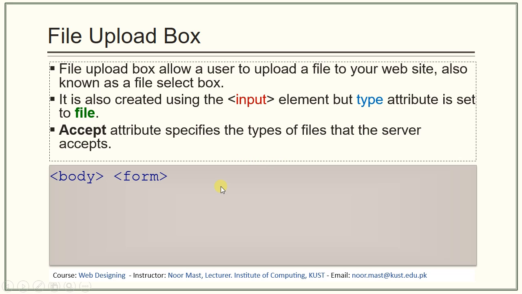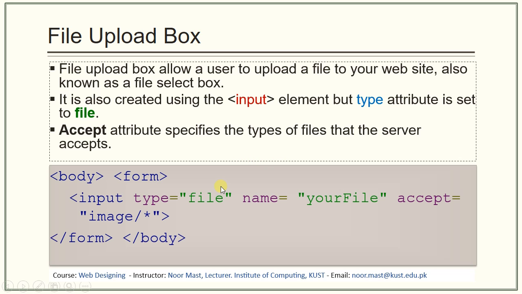Look at these codes to learn the general syntax to declare a file upload box. So this is the input, type is equal to file, name is your file, accept image/star, so it means to accept any image file.